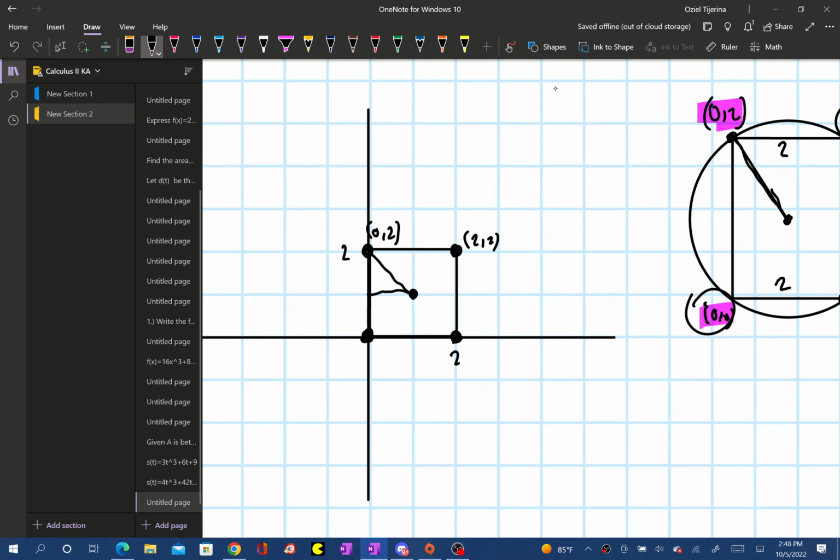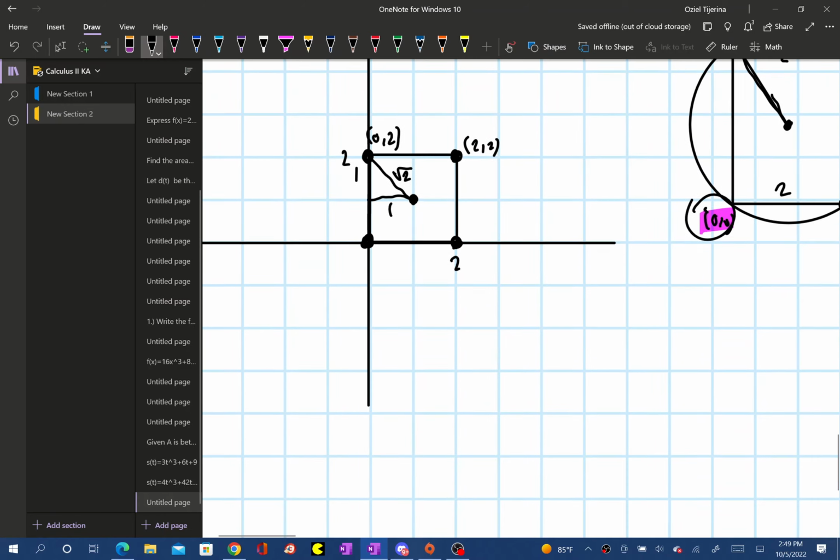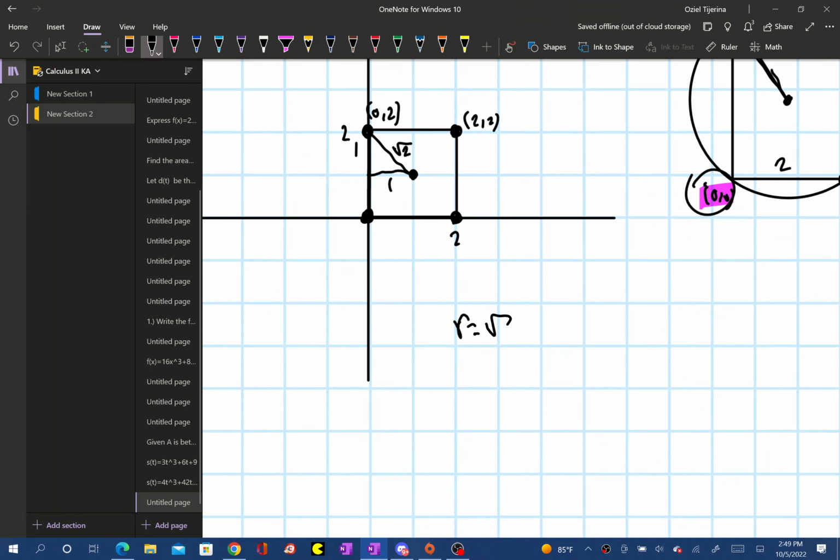It goes from 0 to 1, just 1, and then from 1 to 2, so that's 1. So 1 squared plus 1 squared equals c squared. So the radius has to be the square root of 2. So r is the square root of 2.